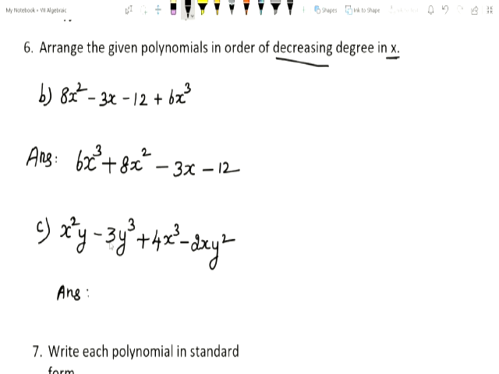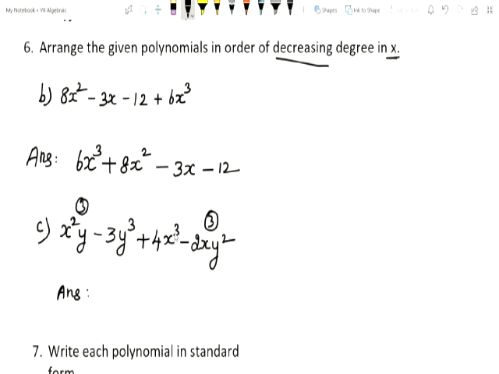x square y minus 3y cube plus 4x cube minus 2xy square. Okay, see the power here. x square, y power 1. So here the power is 3. Here 1 plus 2, 3. So here all the terms have the same power.